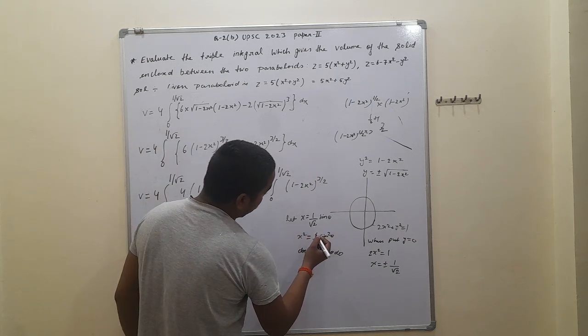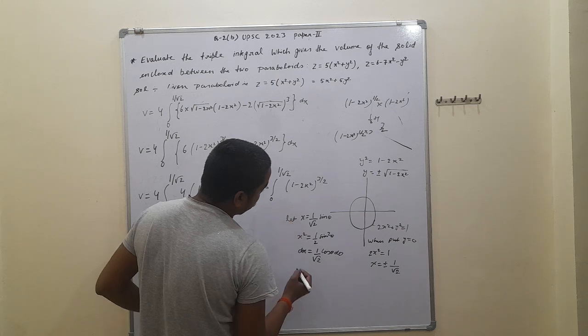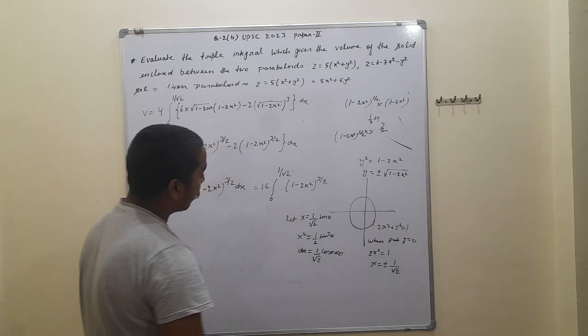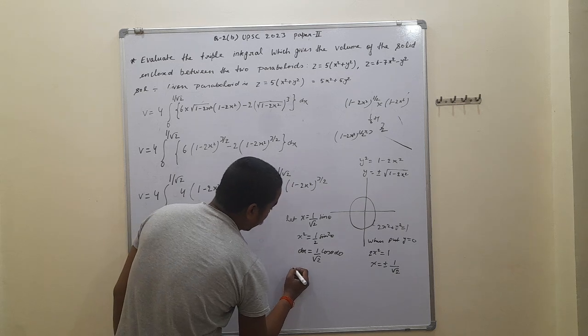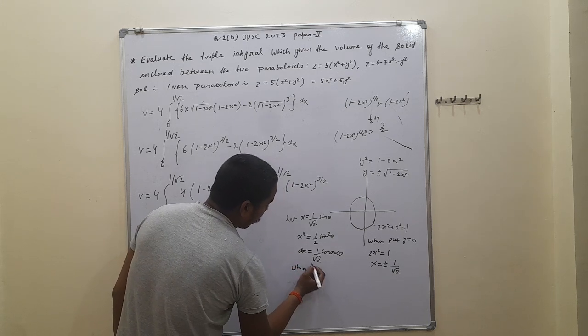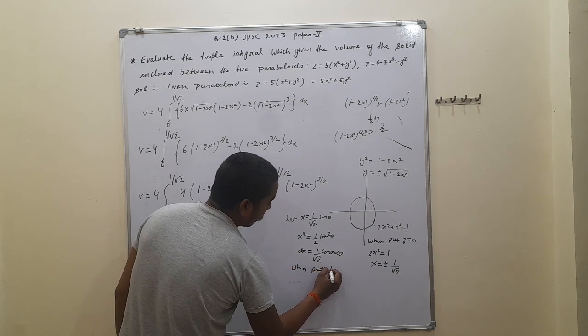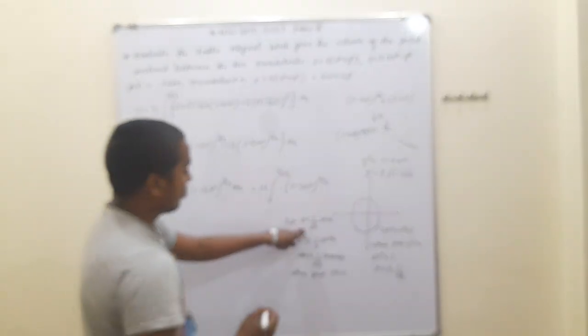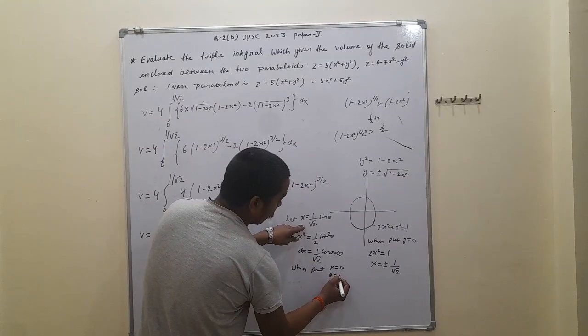When we put x equal to 0, then theta is equal to 0.